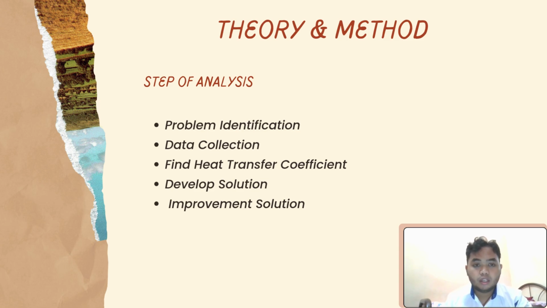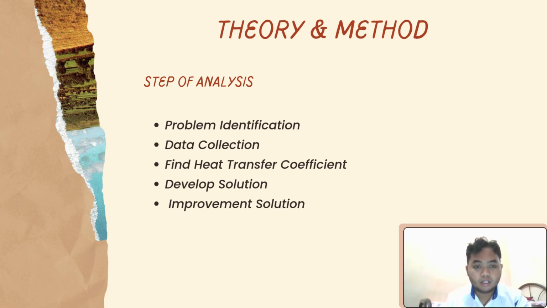And after we identify all the properties, we calculate the equations using the Reynolds number and also the Nusselt number. And then after that we should get the heat transfer coefficient for water and oil liquid, and then we can calculate the overall heat transfer coefficient, and then develop the solution.